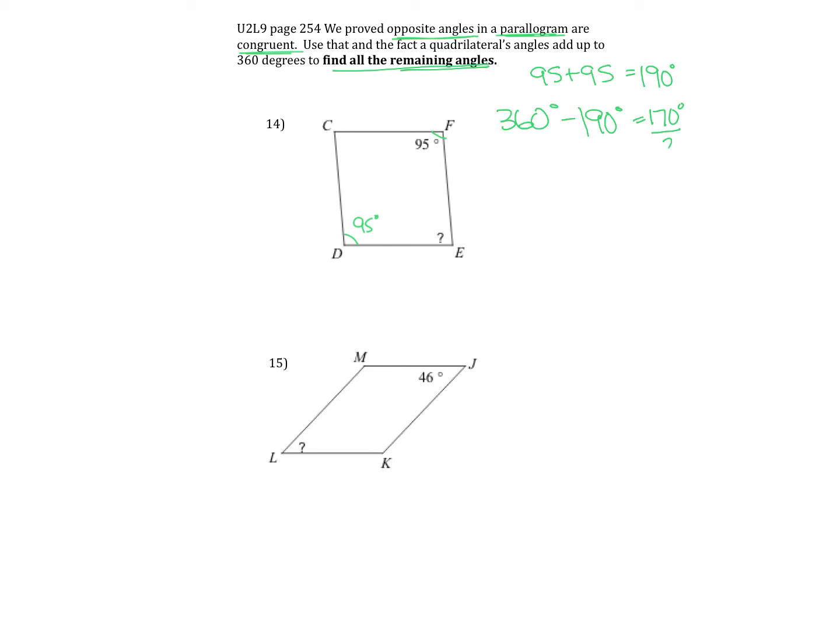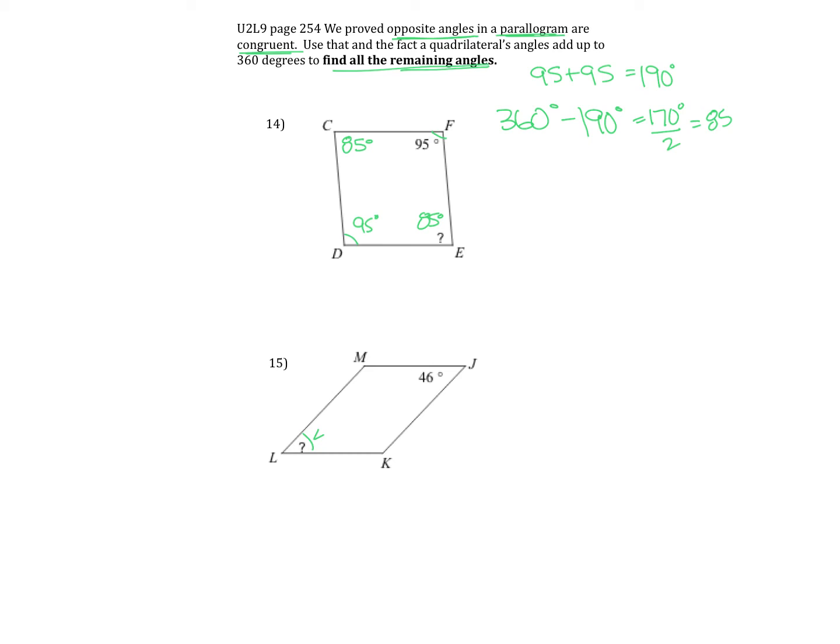Let's divide that by 2, and I know that C and E is 85 degrees. And it makes sense because D and E, if I added them together, I would get 180 for those two, 180 for the other two. That's my 360 again.